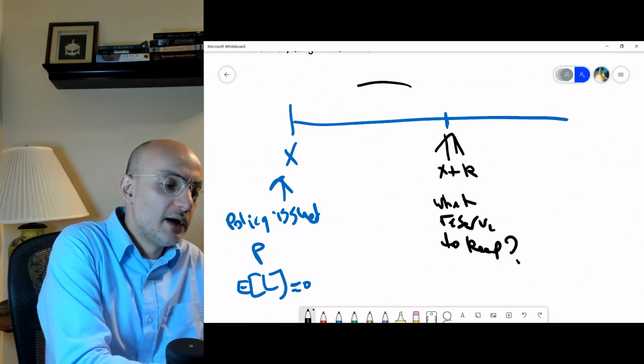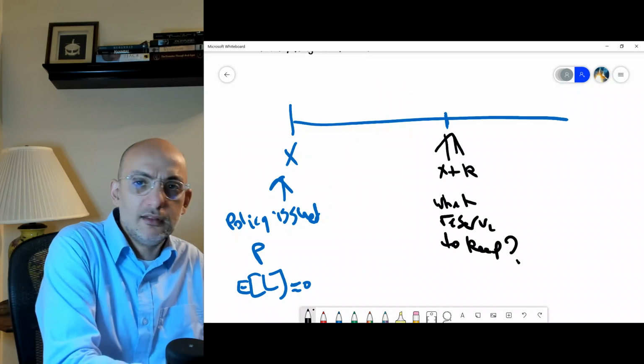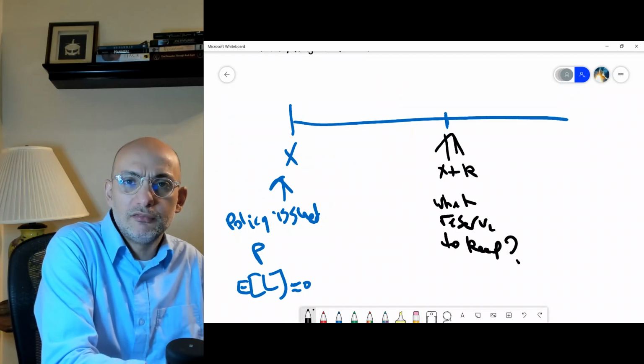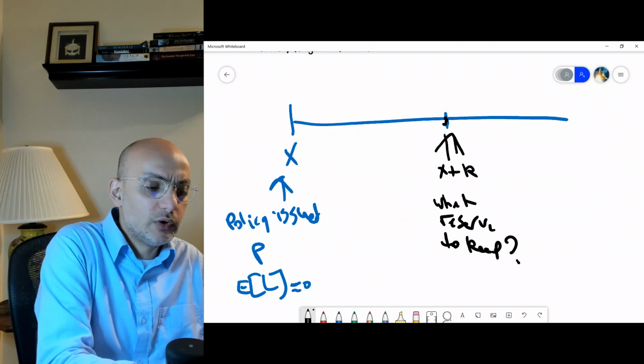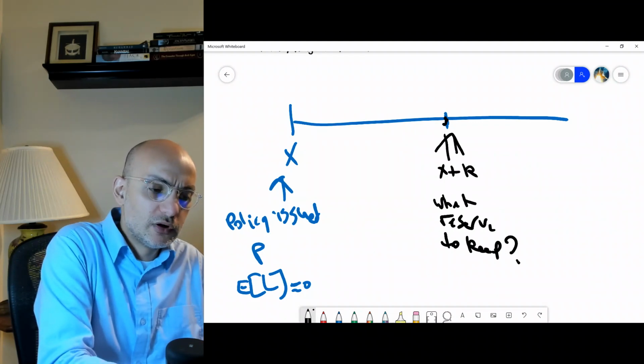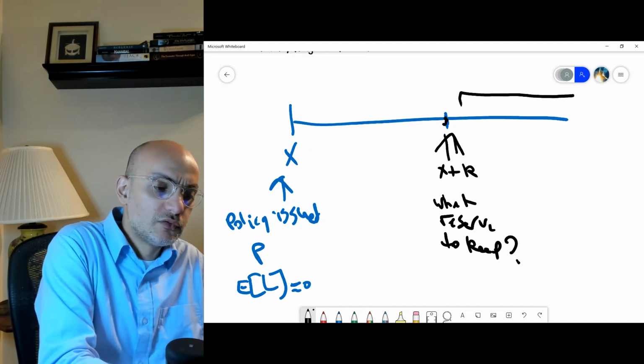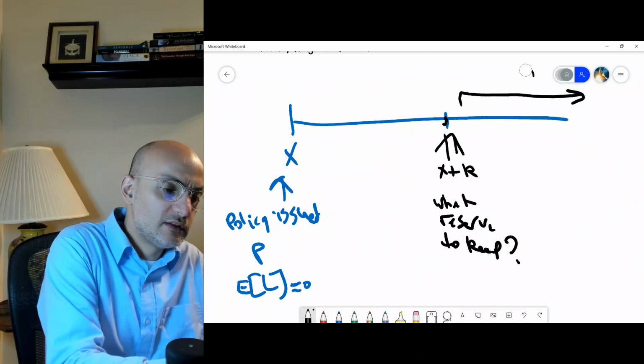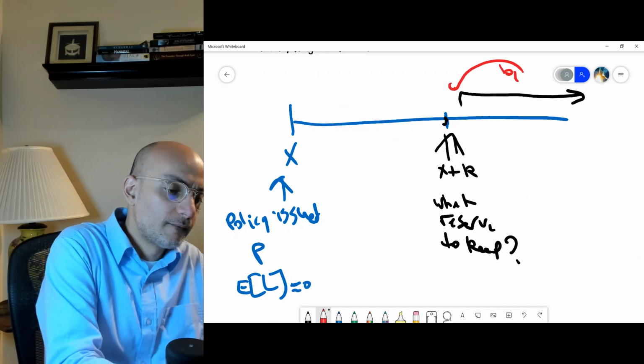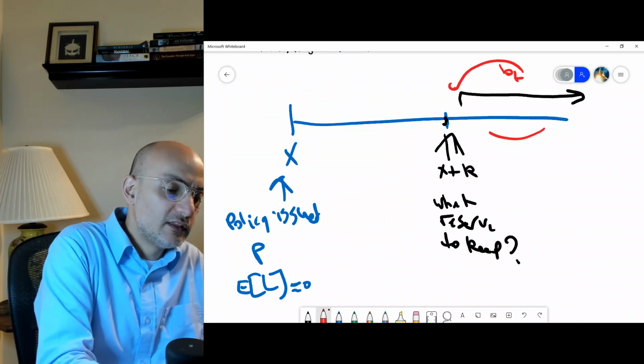One is you look backward and accumulate the premiums collected and accumulate the benefit paid at this moment. But what we will do here, as I mentioned, is focus on prospective. So we'll look forward and discount back the benefit and discount back the premiums.